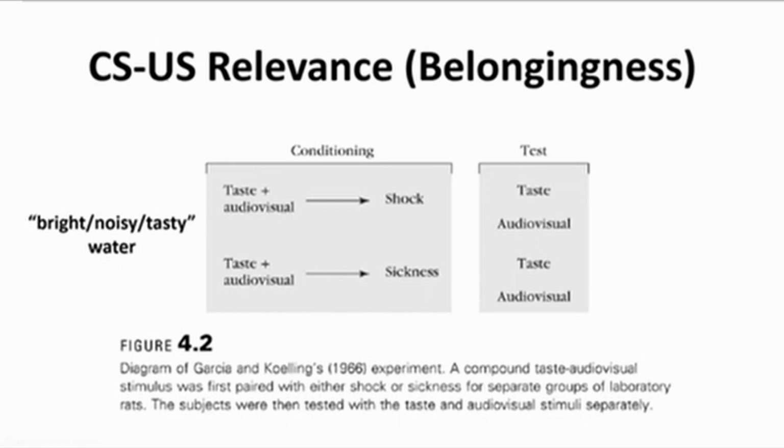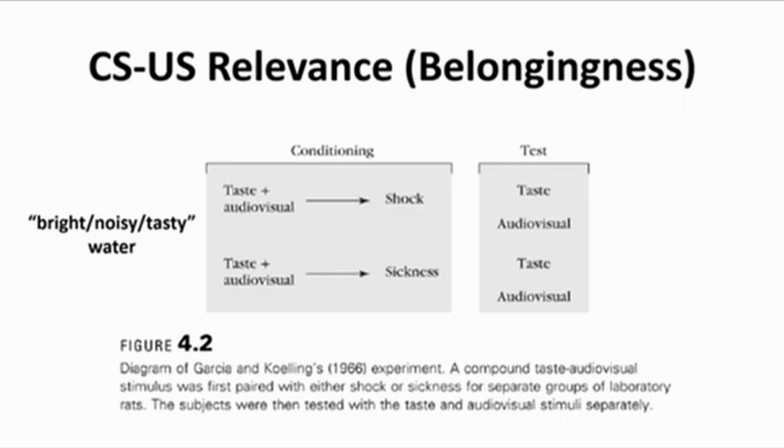It's a conditioned taste aversion. A shock would induce a fear response, which would also lead to reduced drinking of water because you're freezing and not doing a response. So in both cases, if you learned to associate a particular stimulus with either shock or sickness, you'd see reduced responding or reduced licking of water.